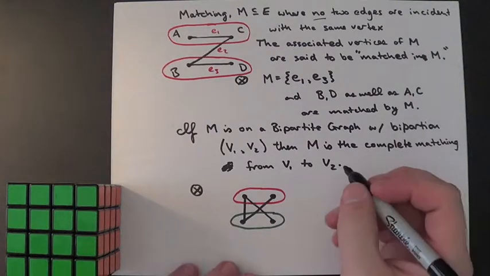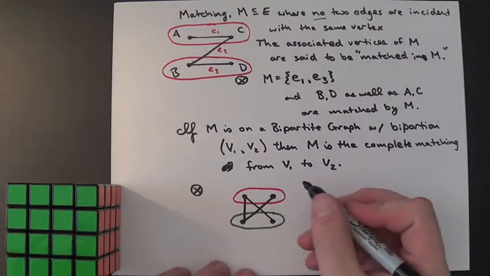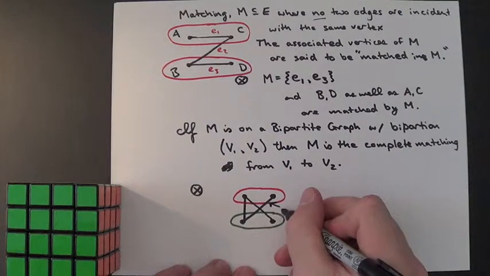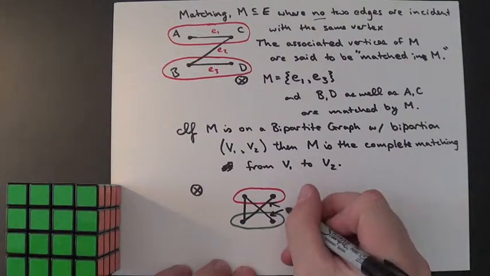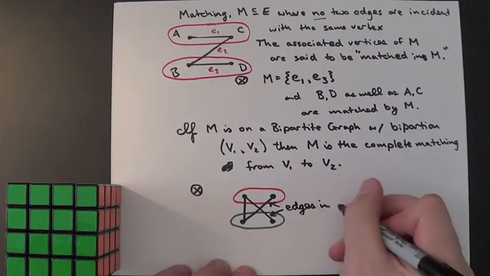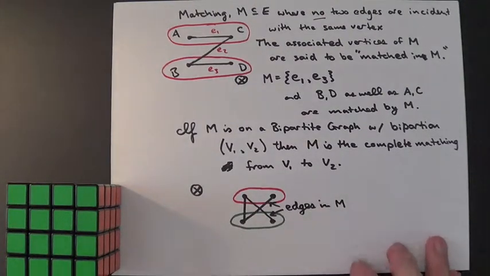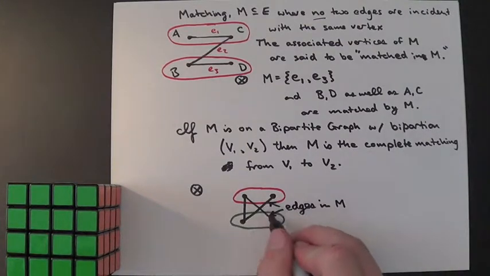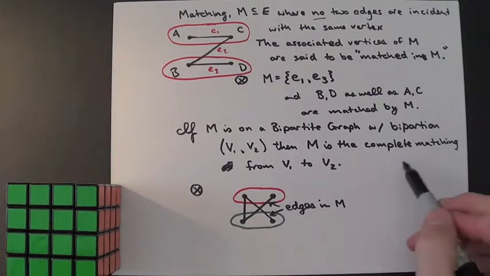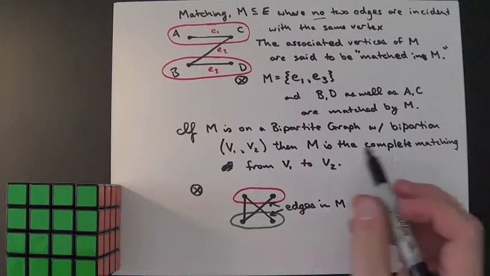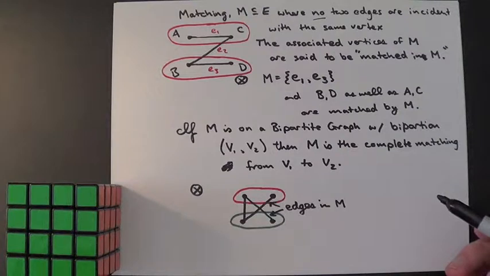With matching of these two edges. Then M, the set containing these two edges, is the complete matching from V1 to V2.